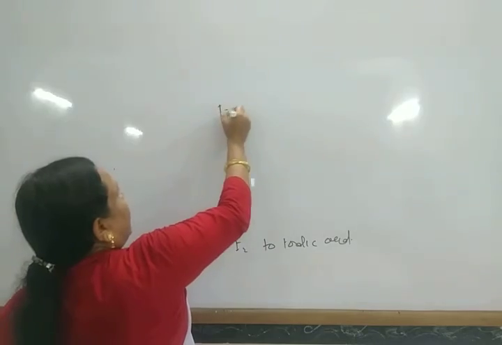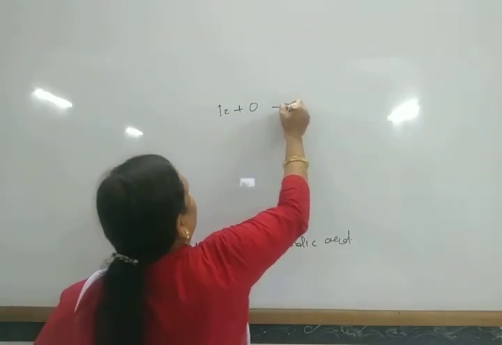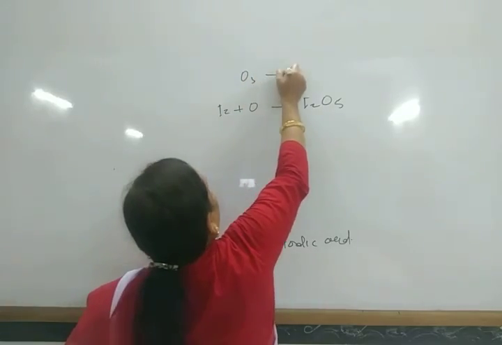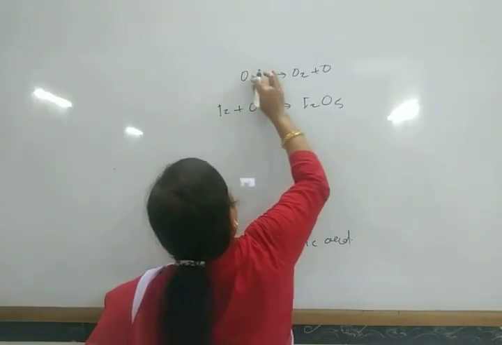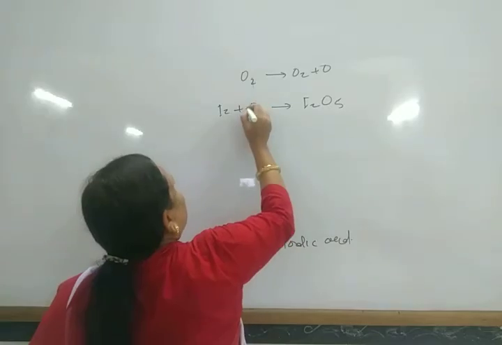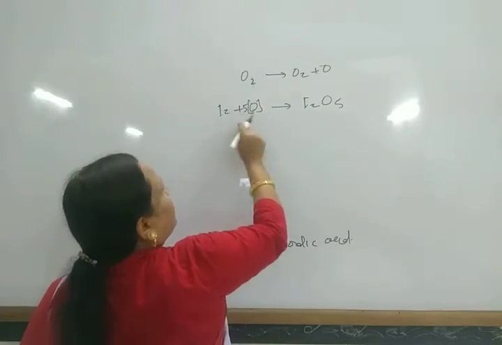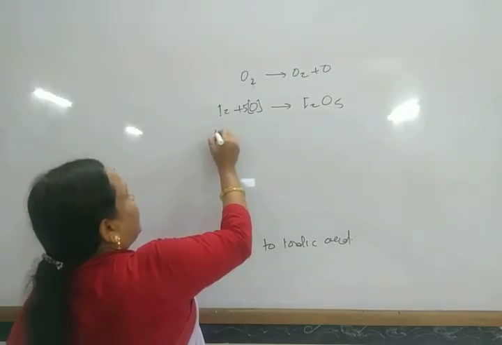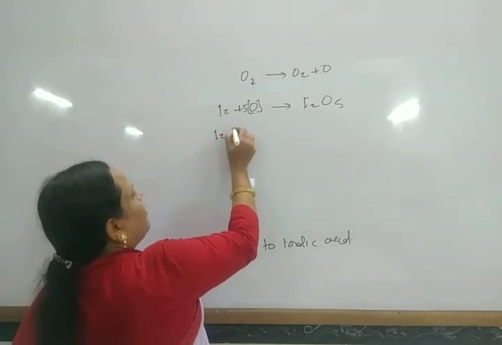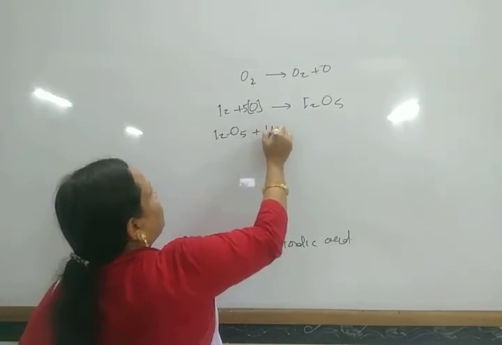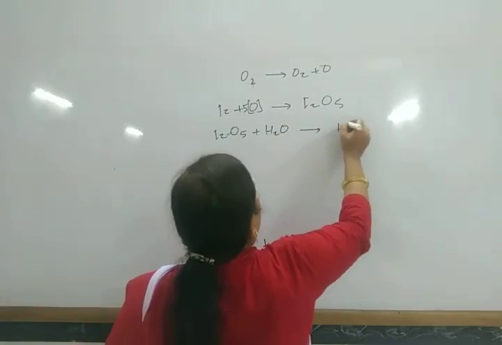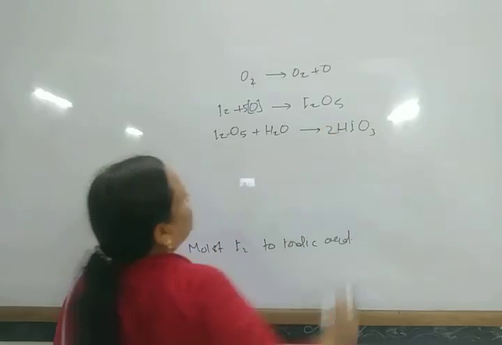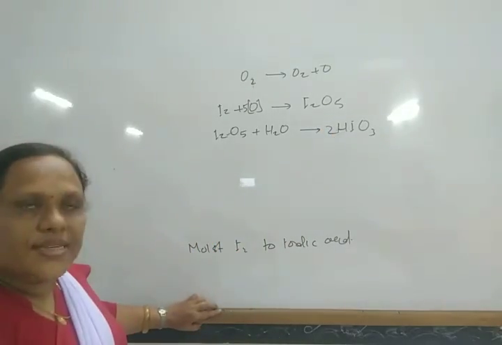That is I2 plus ozone give rise to I2O5; O3 give rise to O2 plus O. So 5O give rise to I2O5, and I2O5 plus H2O give rise to 2HIO3.